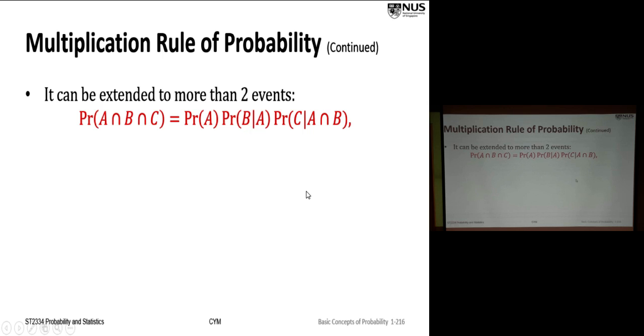We can extend this idea to three events. We want all three events to occur. So it's equal to probability of A times probability of B given A times probability of C given A intersect B, provided that probability of A intersect B is greater than 0.